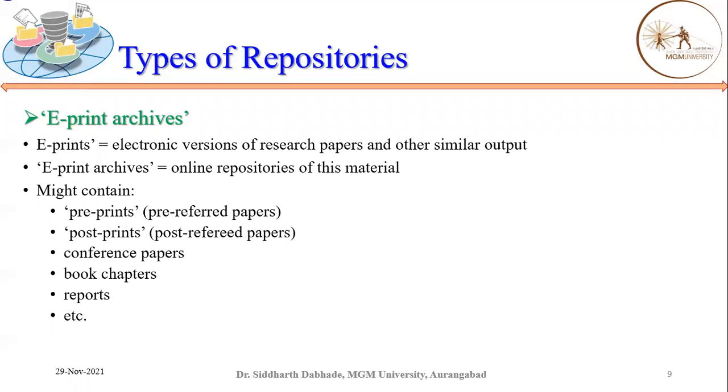You are also able to store conference papers, book chapters, and reports. You can publish your lab manuals and lab procedures on the repository, so that students can access them easily, and the rest of the world can also follow you. So these are the e-print archives.